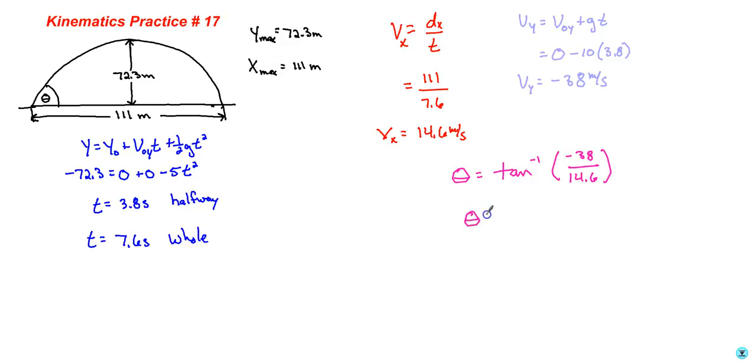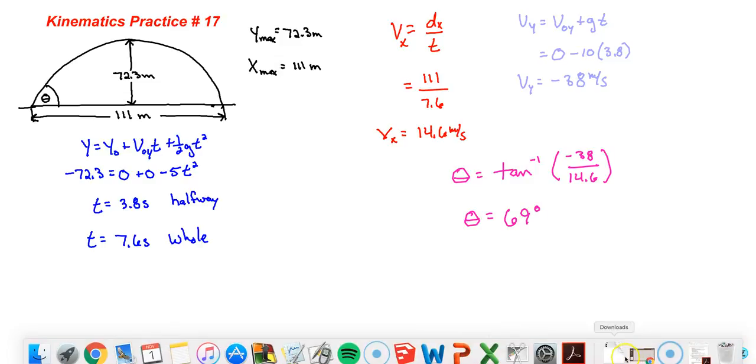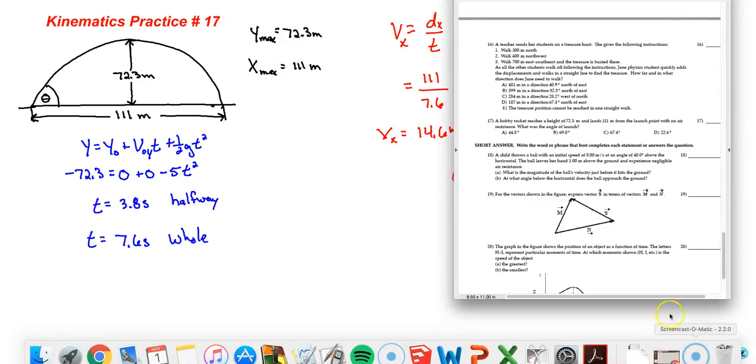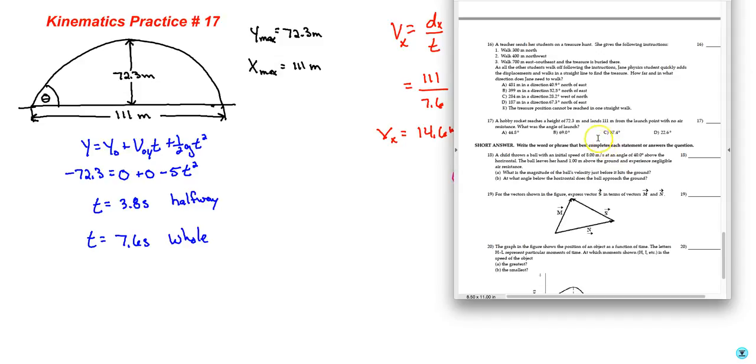And you're going to get that the angle is going to be 69 degrees when it gets launched. And that is your answer. If we look at the answer options that they give us for number 17, that would be answer option B. So that's it. That is kinematics practice problem number 17.